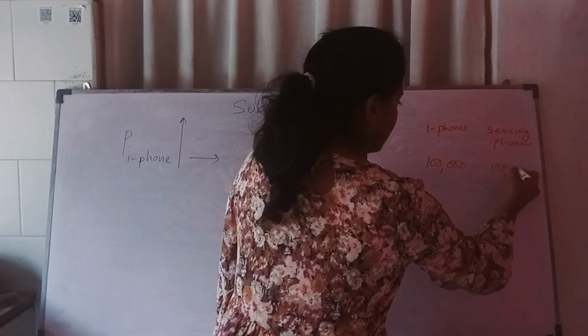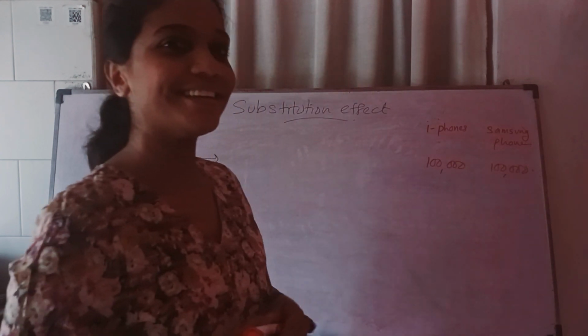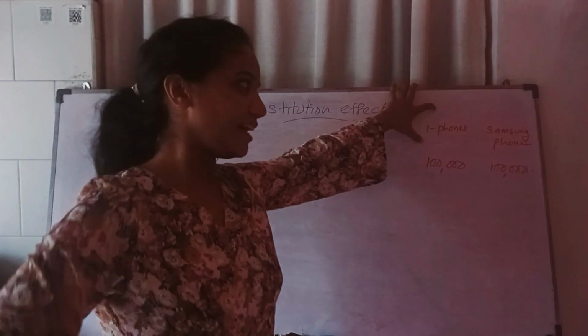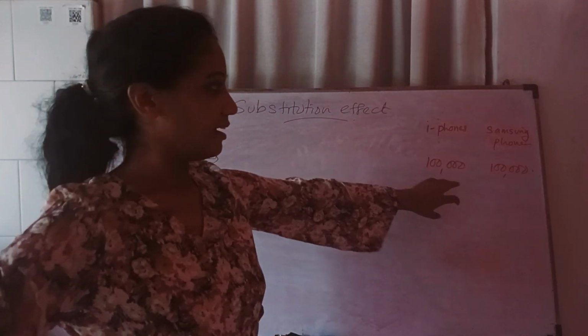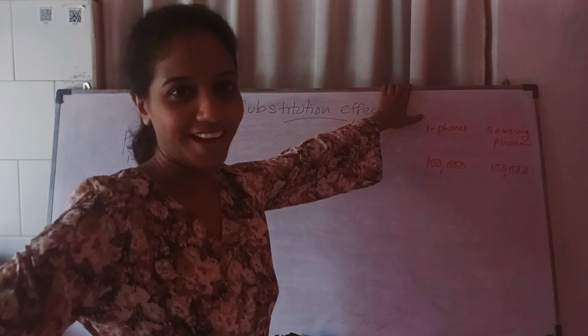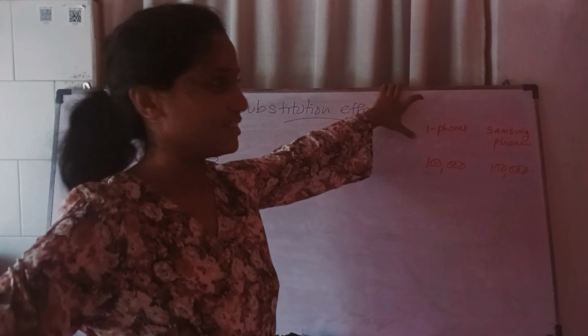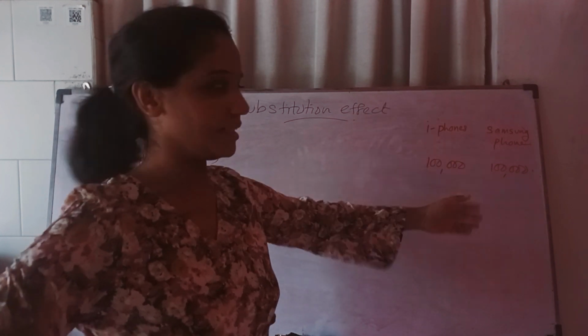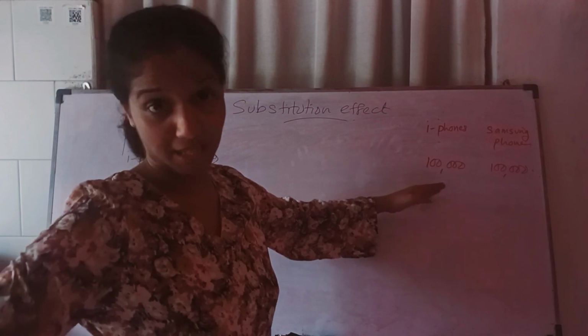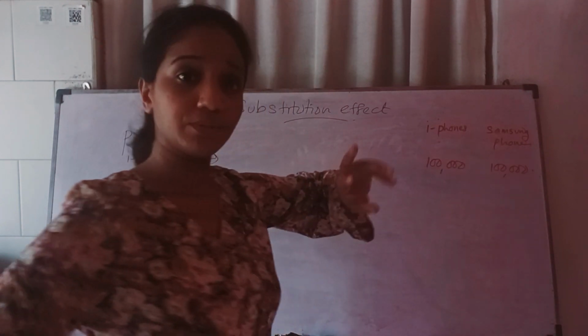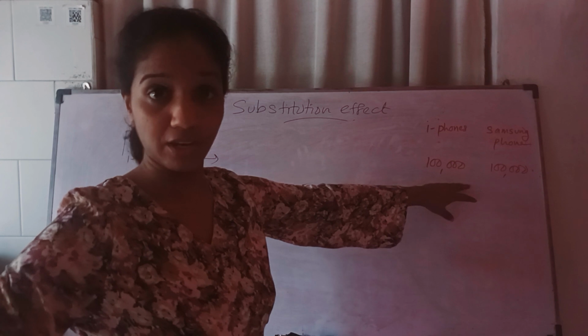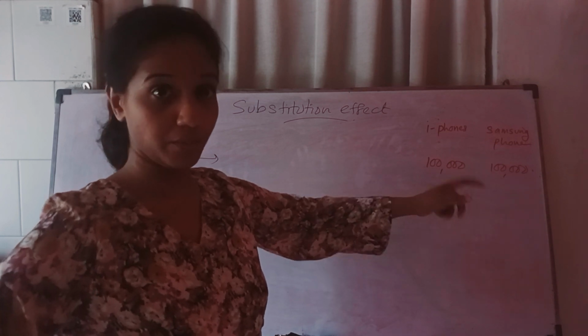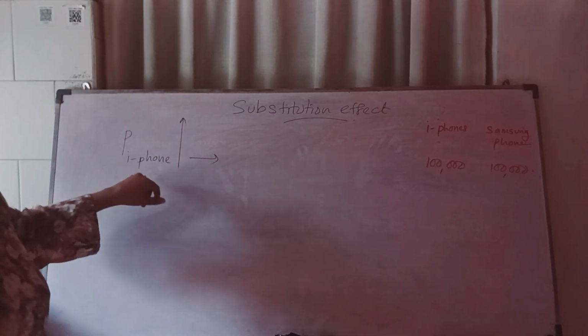Here, children, this is just an example, right? We cannot buy a brand new iPhone for 100,000, so this is just an example. Let's assume the price of an iPhone is 100,000, as well as the Samsung phone, before the price changes. Now let's see what happens to the price of the iPhone.